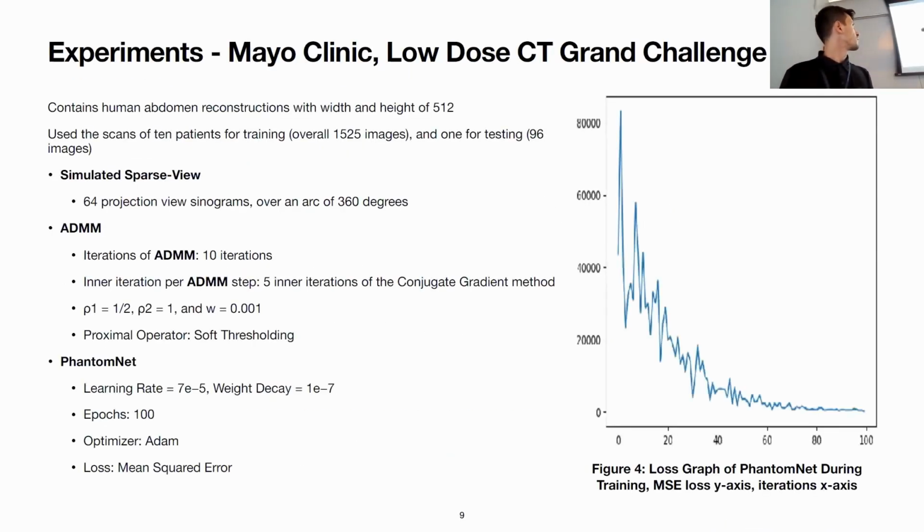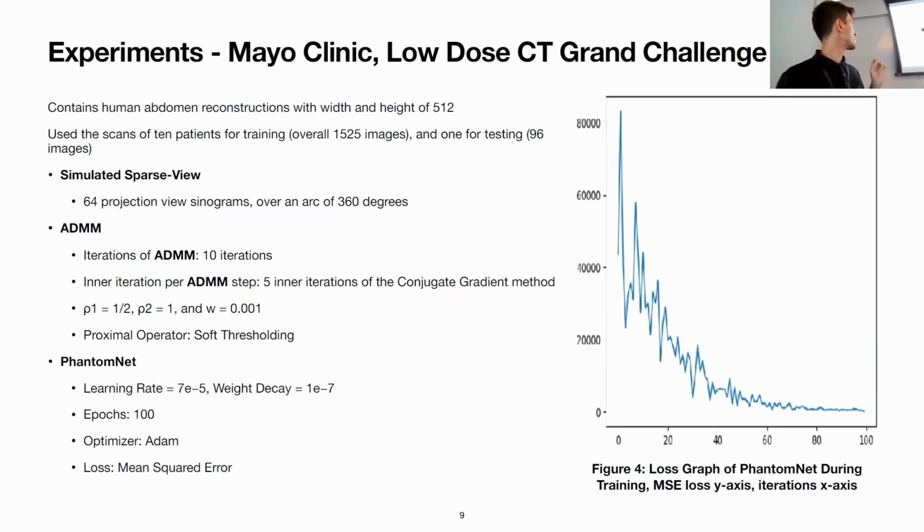Right, so regarding experiments, we use a data set that I've seen used quite a few times in this conference: the Low-Dose CT Grand Challenge, with data provided by the Mayo Clinic. It contains human abdomen scans with width and height of 512. We handpicked 10 patients and used the scans of those, which constituted 1,525 images, and we used one patient only for testing, which consisted of 96 images.